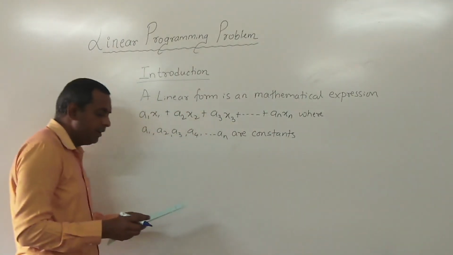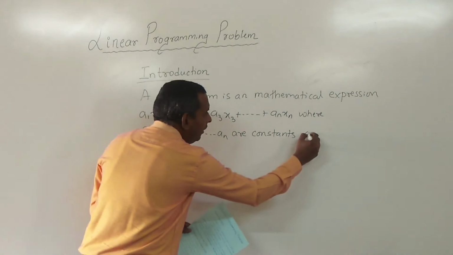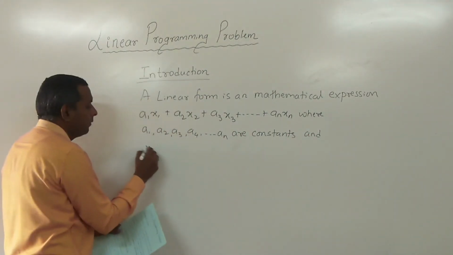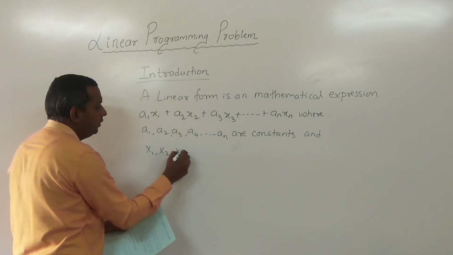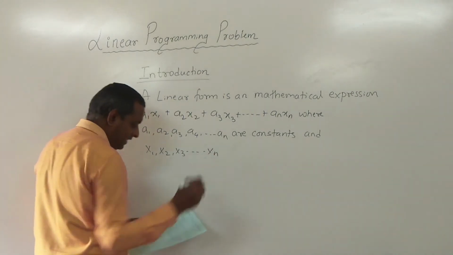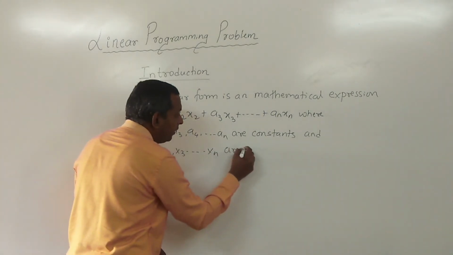Fine. What are they? They are constants. And x1, x2, x3 up to xn are variables.